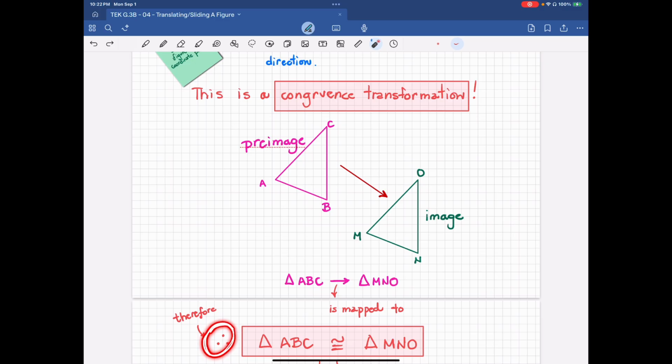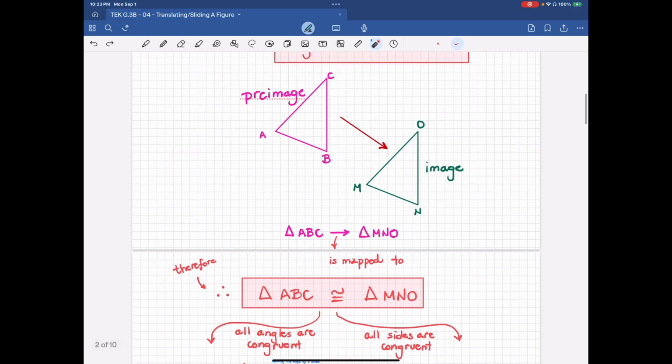These three little dots are a simplified way of writing therefore. So if I read this, it reads: triangle ABC is mapped to triangle MNO. Therefore, triangle ABC has to be congruent to triangle MNO.